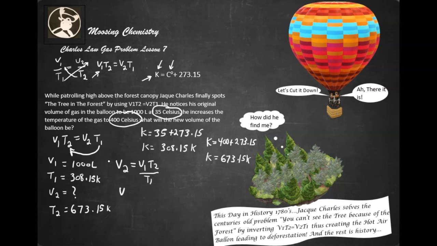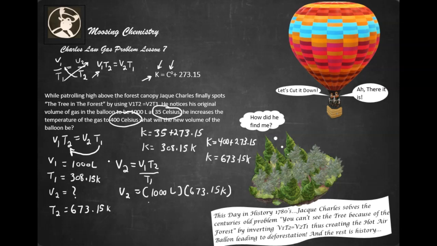All we have to do now is put our numbers in and solve, right? So our first volume was 1,000 liters, times our second temperature, which was 673.15 K. Notice I didn't use the degree mark because we don't use degree marks with Kelvin.